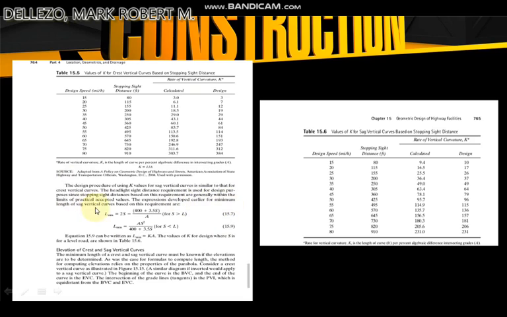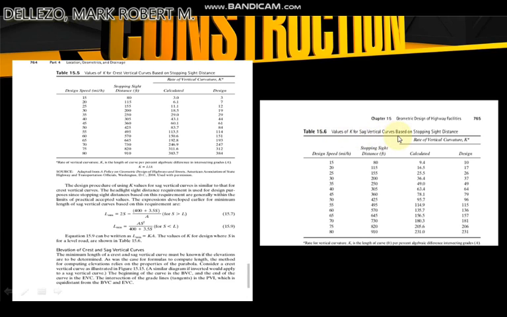The minimum length of sag curves based on this requirement are also these requirements. Then in this part also a table of values of K for sag vertical curves based on stopping sight distance.